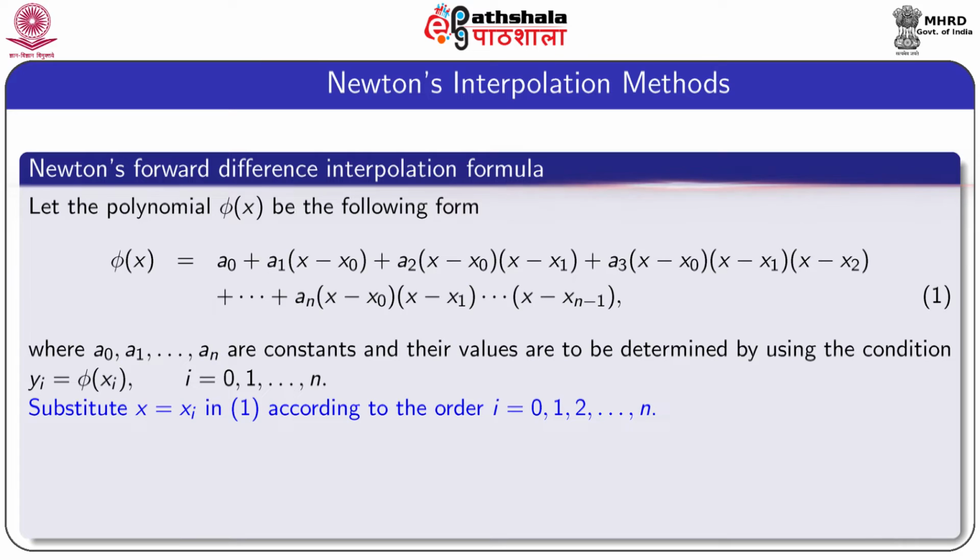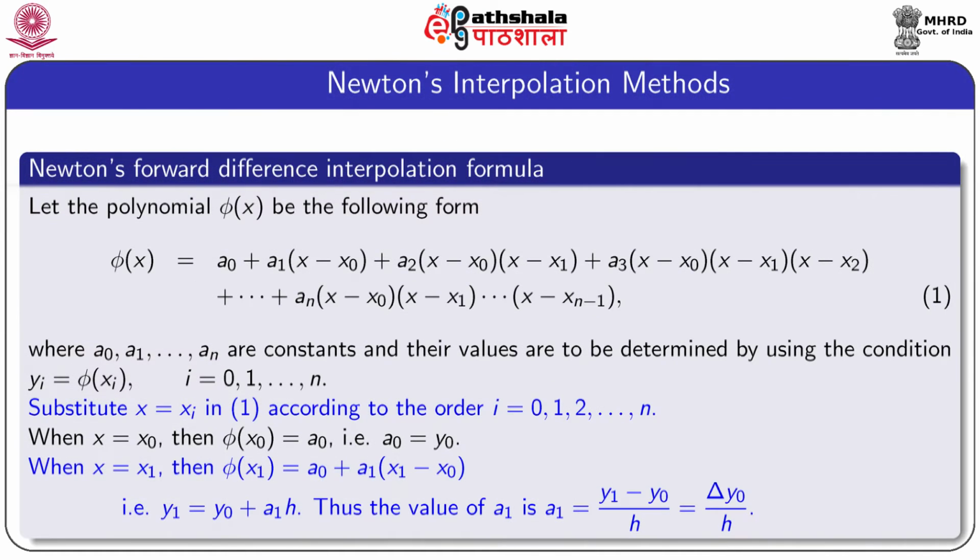Now, to find the values of these constants, first we substitute x equals xi in equation 1 in the order i equals 0, 1, 2 up to n. When x equals x0, then phi(x0) equals a0, because all other terms contain the factor (x minus x0), so the remaining terms are zero. Then a0 equals y0, this is the value of the first constant a0.